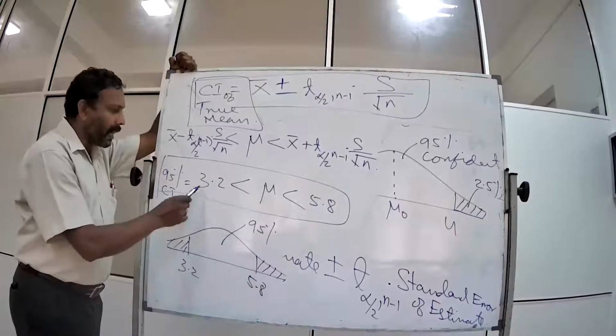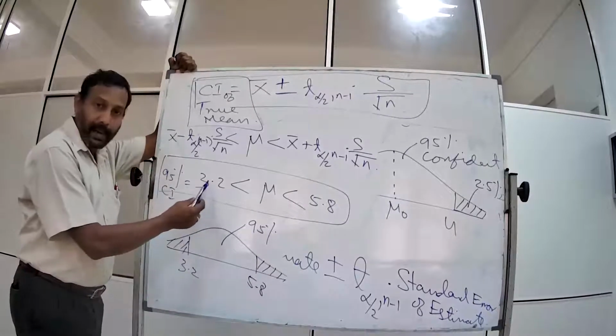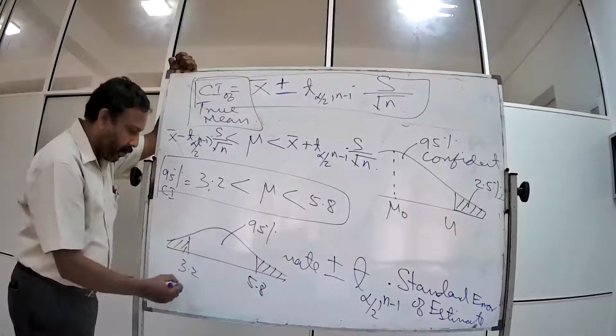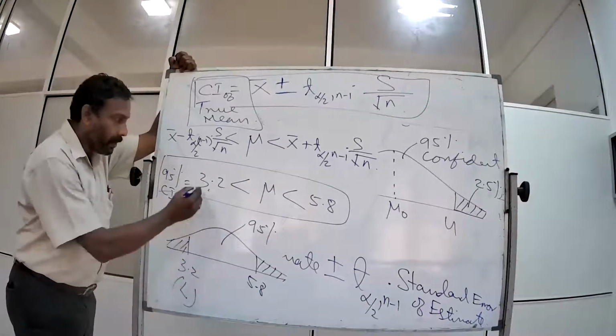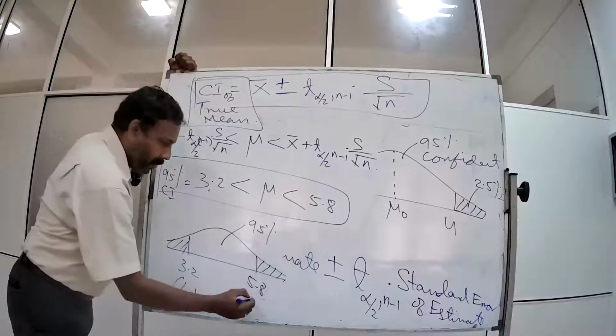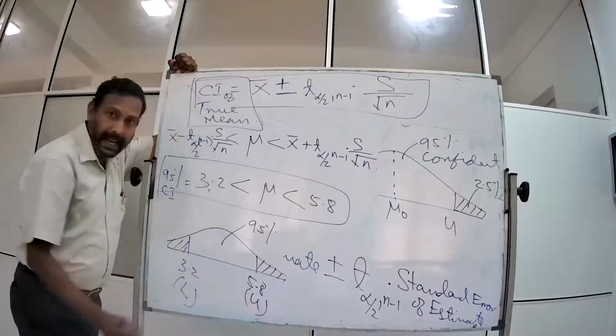Now, after doing the calculation, we come up with two values. One is the lower value, 3.2, and the upper value, 5.8.